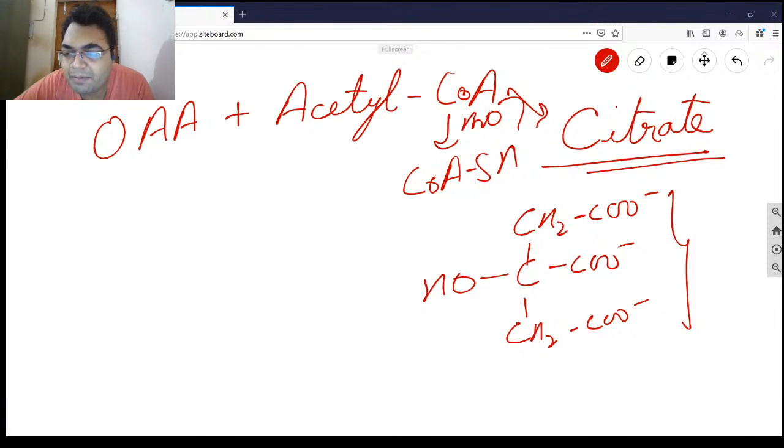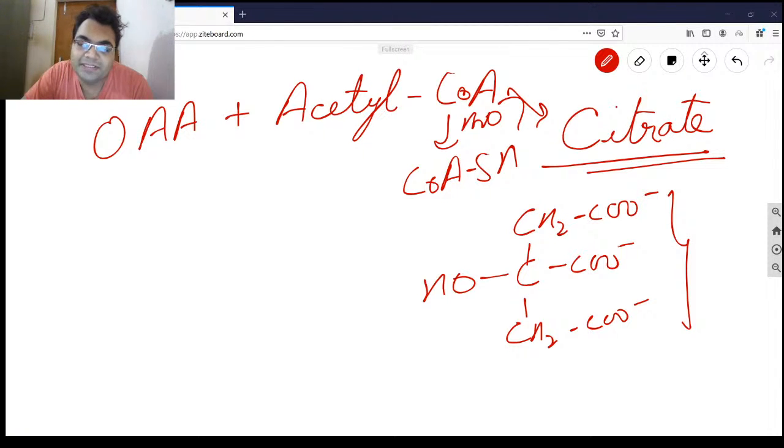Citrate has 6 carbon molecules, and after rehydration the 6 carbon molecule is present in isocitrate also. From this 6 carbon molecule, one CO2 will come out because it's an oxidative decarboxylation process. In the last class I had shown it to you, and you get one alpha ketoglutarate.